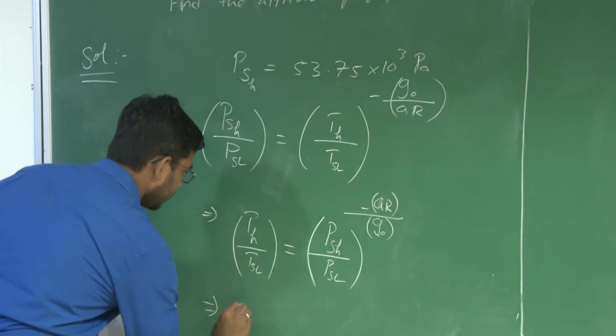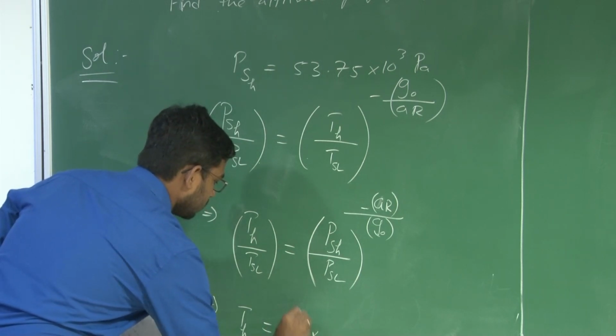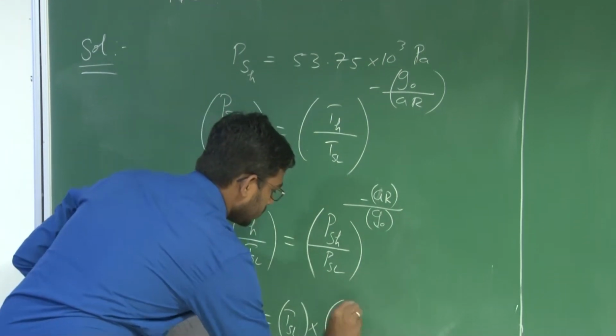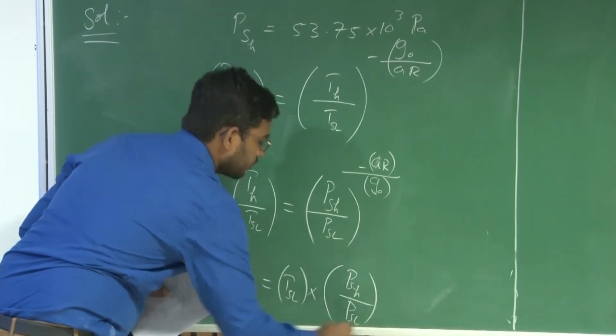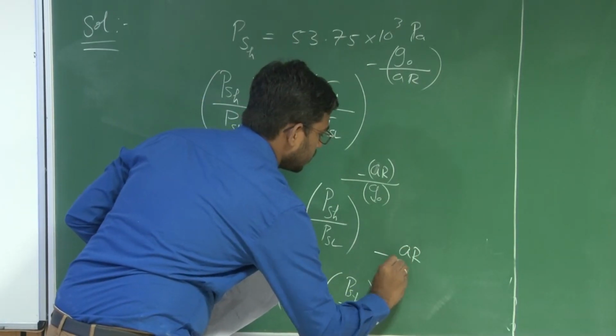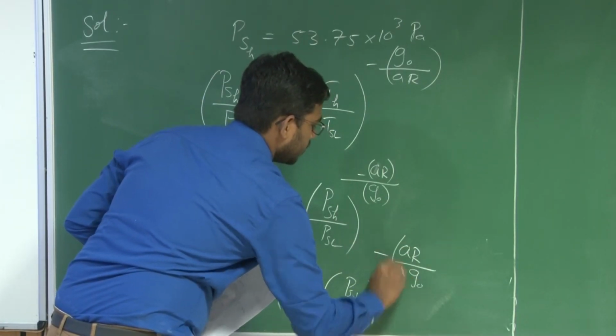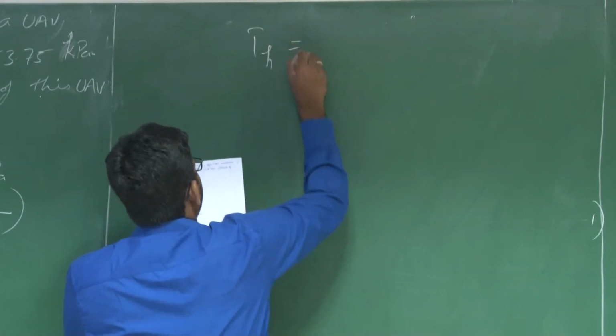This implies the temperature at that particular altitude is the ratio of static pressure at that altitude and sea level static pressure raised to the power of minus a R by g naught.